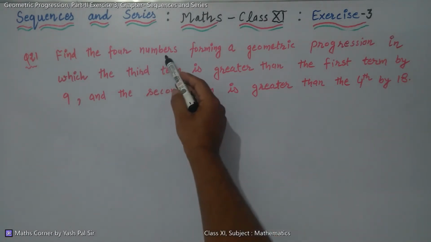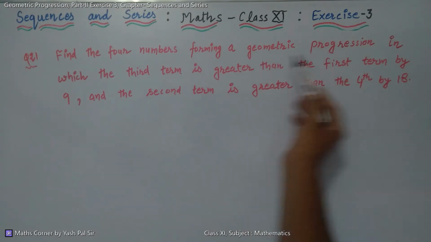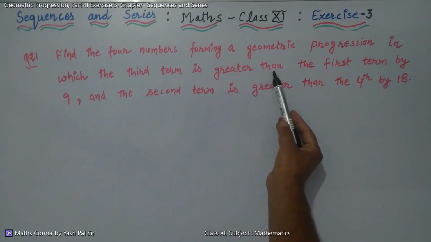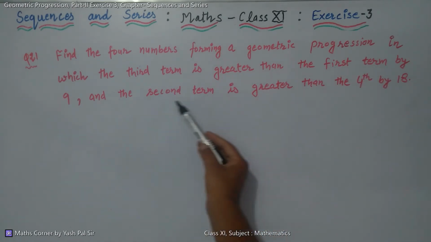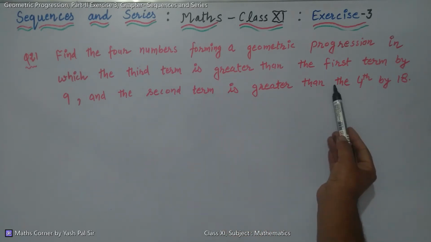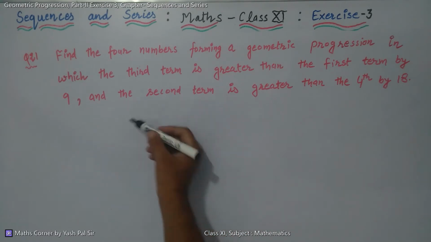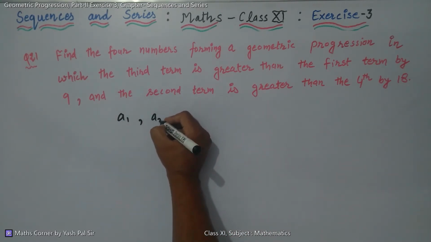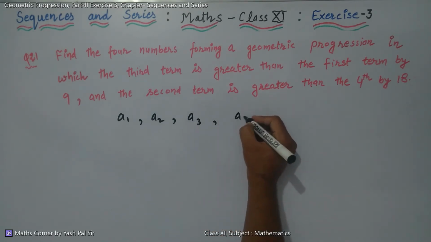Find the four numbers forming a geometric progression in which the third term is greater than the first term by 9 and the second term is greater than the fourth by 18. So let the four numbers be a1, a2, a3, a4.